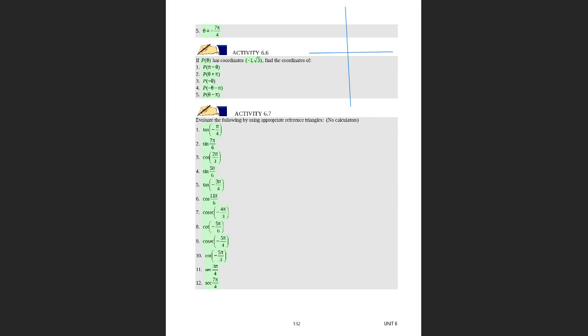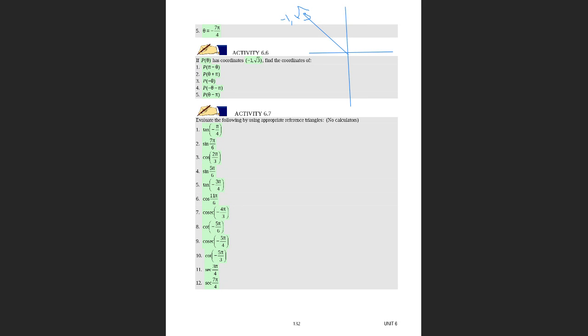So it's going to be something like this. We can have negative 1, comma, 3. P of theta is negative 1 over 3.